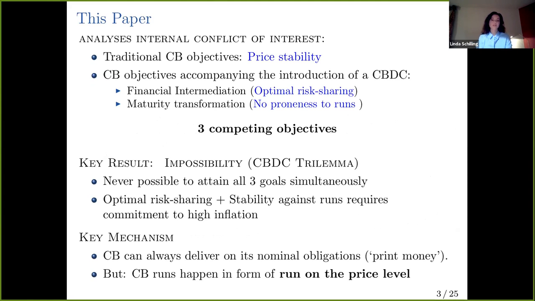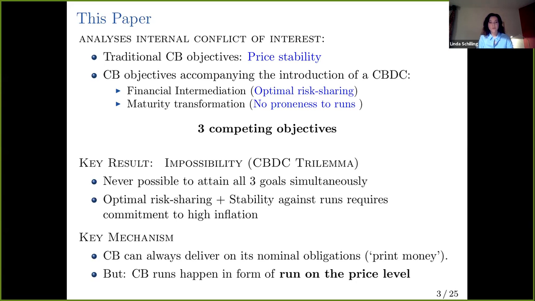Okay. So what is the paper about? Generically, the objective of a central bank is to keep prices stable, but as soon as central banks start offering demand deposits to citizens, the central bank basically becomes a financial intermediary and engages in maturity transformation. This means that in addition to the objective of price stability, classic objectives with regard to financial intermediation come into play, such as offering the optimal amount of risk sharing and preventing runs on central banks.